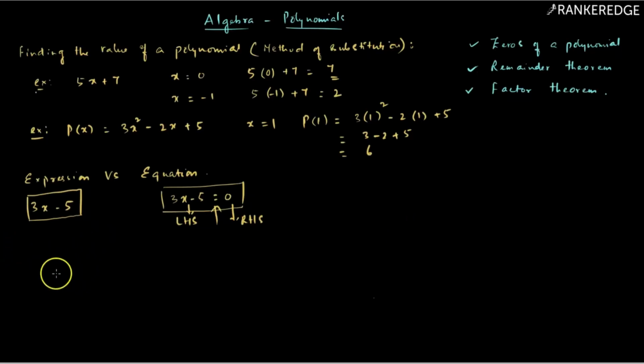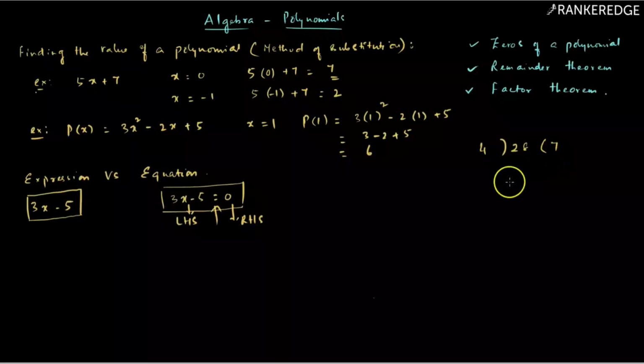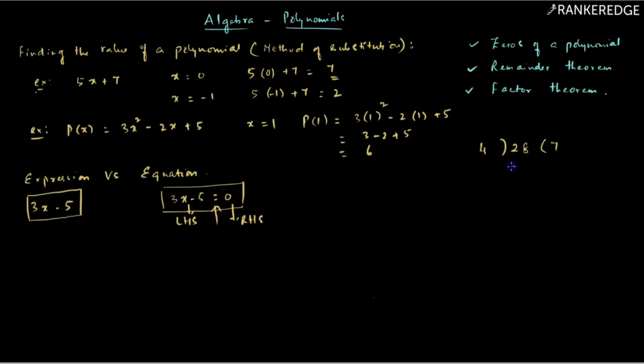When we understood the division process for numbers, we understood it by dividing any given number by another number like this. For example, if I want to divide 28 with 4, 4 goes into 28 7 times, 4 sevens are 28. So this is giving a remainder of 0.